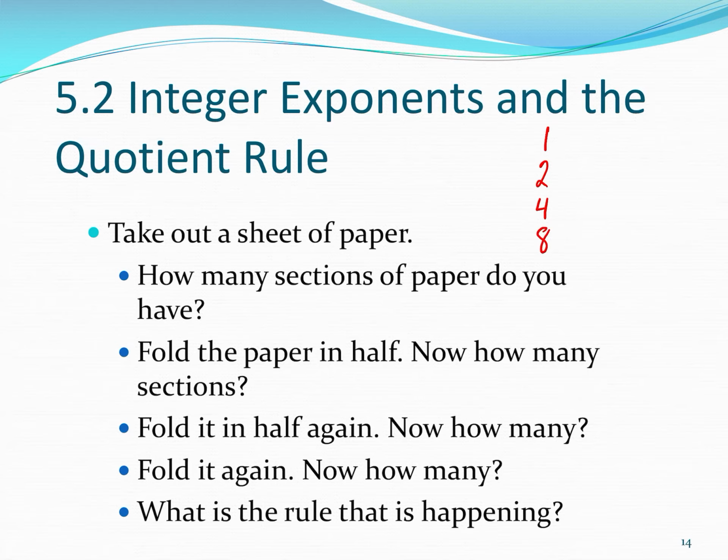Now, at this point in class, I would ask you, how many sections are you going to have? And there's always 2 answers I get. I get 6 and I get 8. Okay? So I encourage you, fold it that third time, open it back up, and you'll see that you have 8 sections.